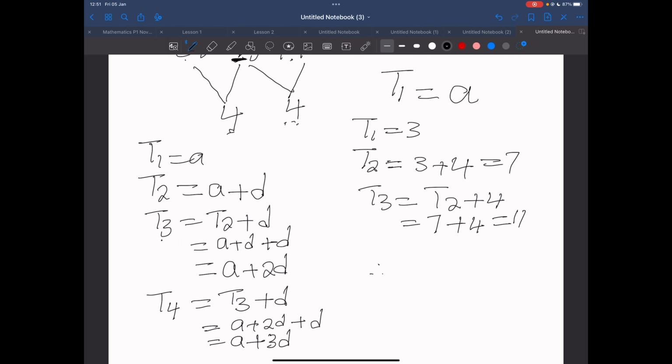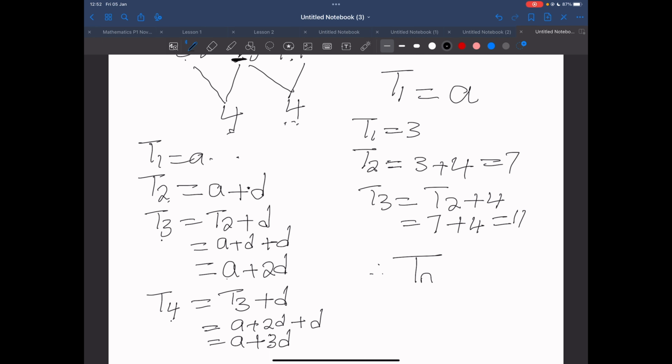Therefore, we can look at this and generalize the general term, for any term. Can you see that if it was term 1, it was a plus how many d's? Plus 0d, no d, because it's term 1. Term 2 is a plus 1d. Term 3 is a plus 2d. Term 4 is a plus 3d.